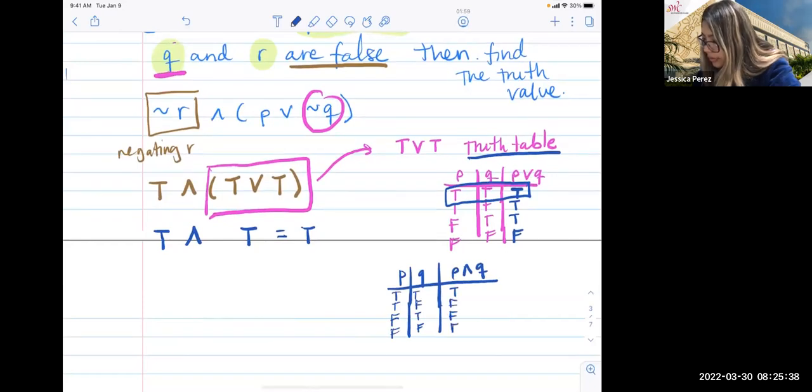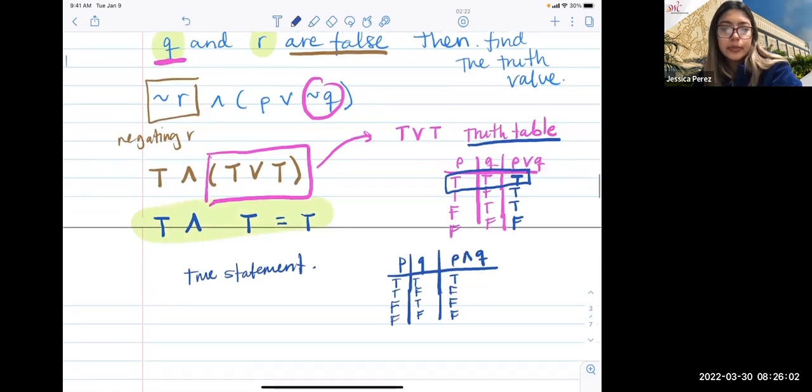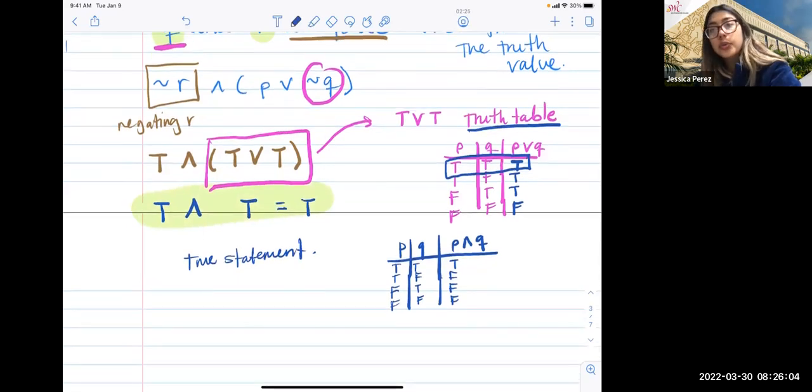They're all false except for the first one. So true and true will give me a true statement. So you have to be working from inside out. The final answer would be a true. Okay. So you're going to have to be doing that for your problem. So make sure that you know all of the truth tables.